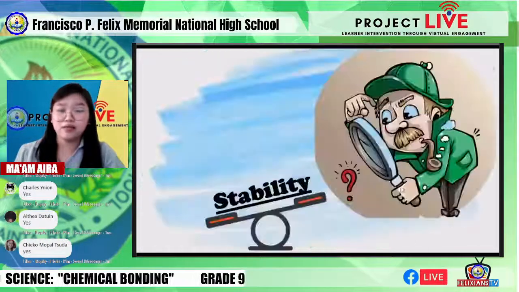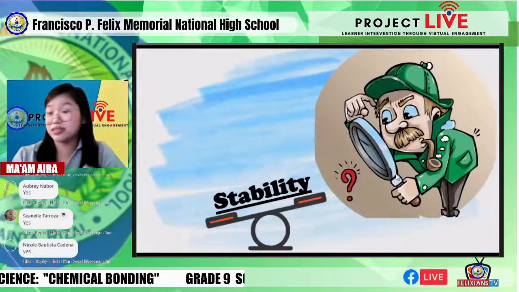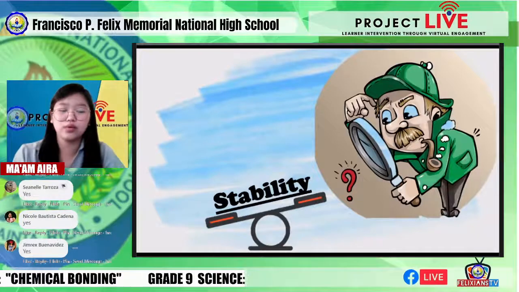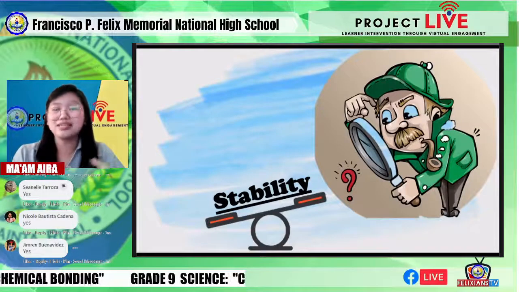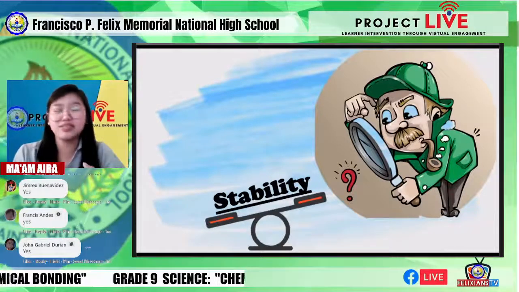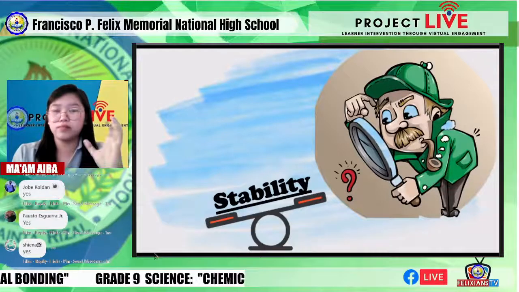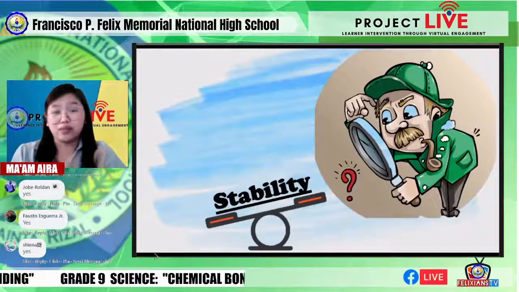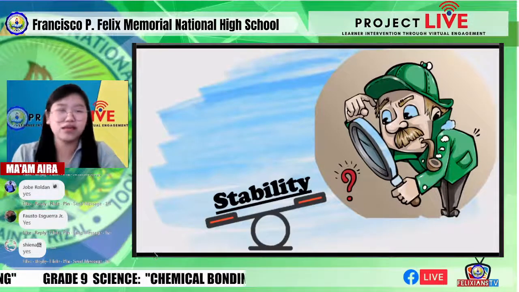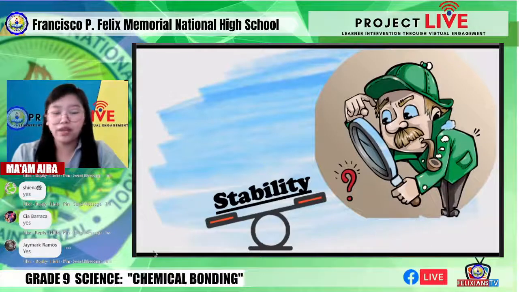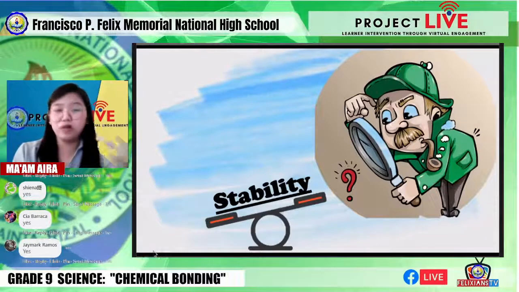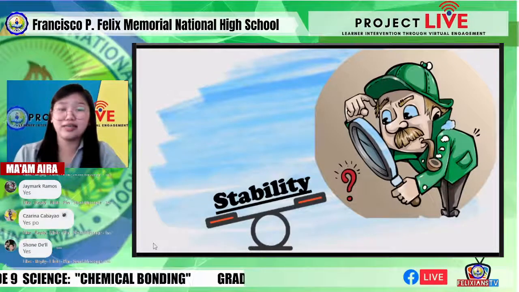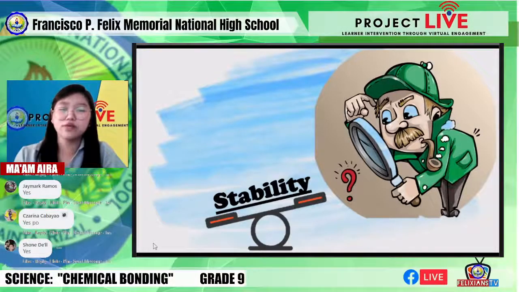recap. Everyone is seeking stability. When we talk about stability, we are referring to the strength or resistance to chemical change or physical disintegration. If we humans are seeking stability, so are atoms. And when atoms talk about stability, they are referring to the possession of 8 electrons in their outermost shell or outermost energy level.